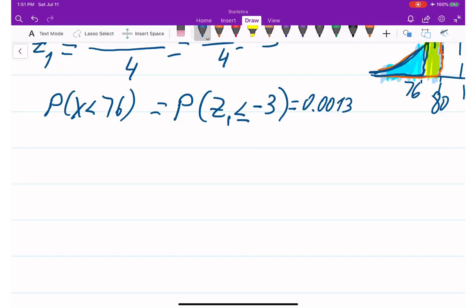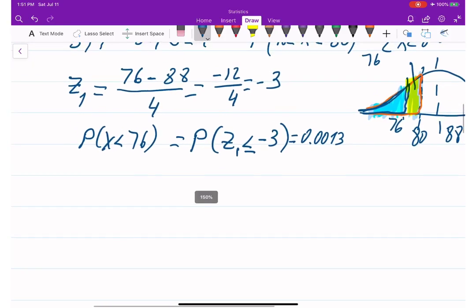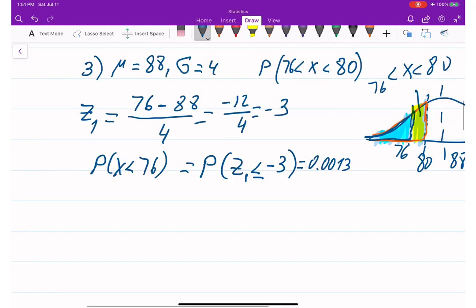0.0013. Okay, next one. Score 2. Z2 is equal... Now we are using X as 80. 80 minus 88 divided by 4.